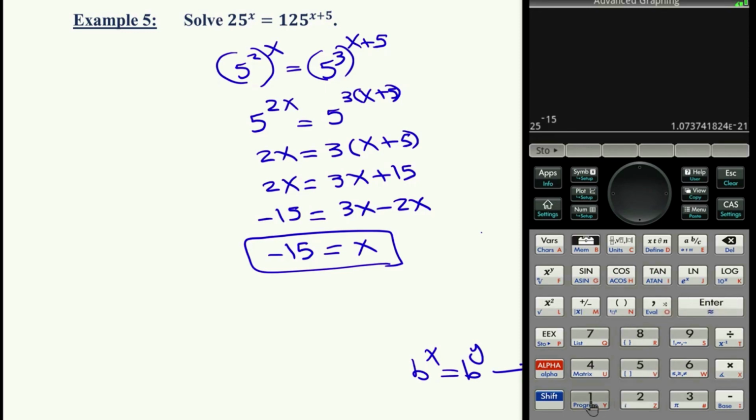So now what we'll do is we'll go ahead and compute the right side, which is 125 to the power of x plus 5. So negative 15 plus 5. And we notice that we get exactly the same thing.